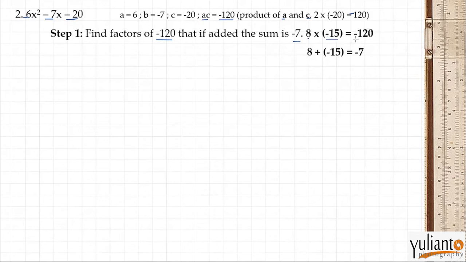The answer is negative 120. Next, I add 8 and negative 15, that is negative 7, which is our b. So this is correct. All right, I hope everyone's following.